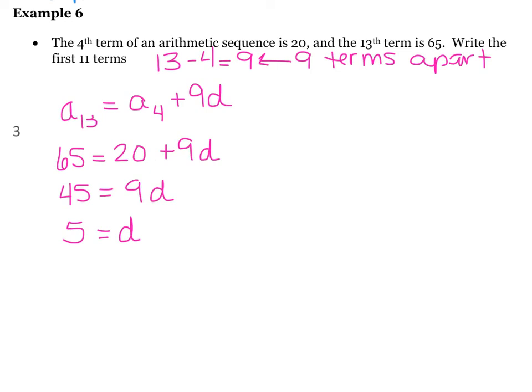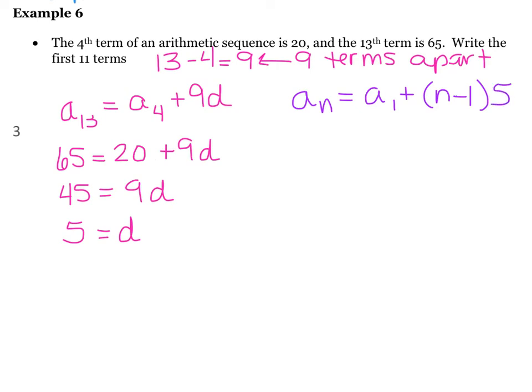Now that I know that, I can either work backwards from the fourth term, or I can solve algebraically to find the first term. And since I'm a math teacher, that's what I'm going to do. I will say that I know that any term has to be equal to my first term plus n minus 1 times 5, because I just figured out 5 is my common difference.